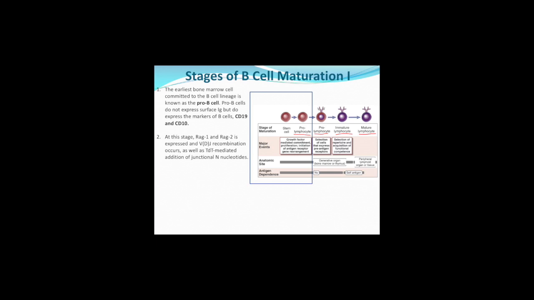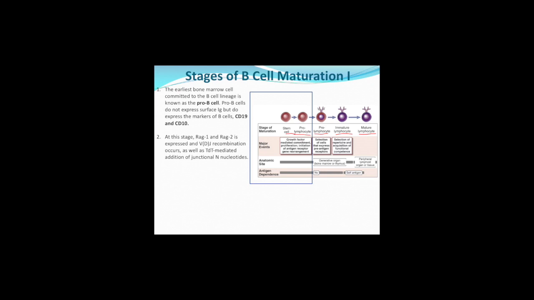The stem cell and the pro-lymphocyte stages happen within the bone marrow. Now, in this transition from a stem cell to a pro-lymphocyte, that stem cell becomes committed to develop within the B cell lineage.